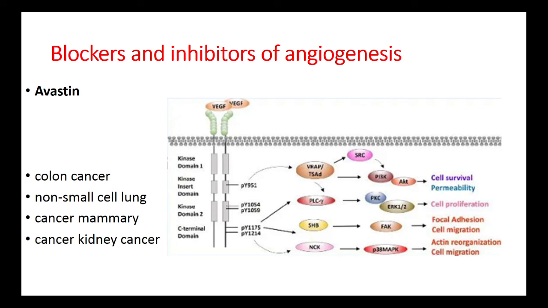And as some more examples, you can look at this slide, and here is information about inhibitors of angiogenesis, Avastin, which blocks many effectors in the signaling pathway and can be used in colon cancer, non-small cell lung cancer, breast cancer, and kidney cancer.